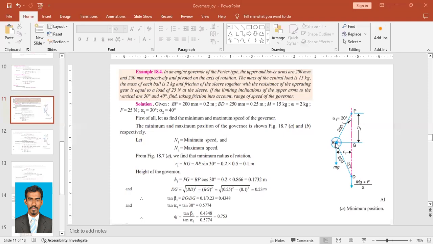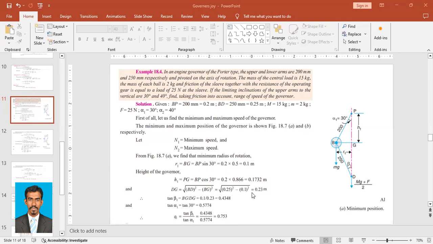Now we have to find DG. Similarly, DG is equal to the square root of BD squared minus BG squared. BD is 0.25 whole squared, minus BG, that is 0.1 whole squared.